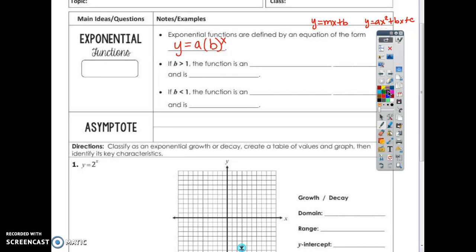Now, when you look at this, if the number inside right there, that b, is greater than 1, meaning it's a 2 or a 3 or a 4 or a 5, that's going to be an exponential. Write this down. Growth. Okay? Which means it is increasing.